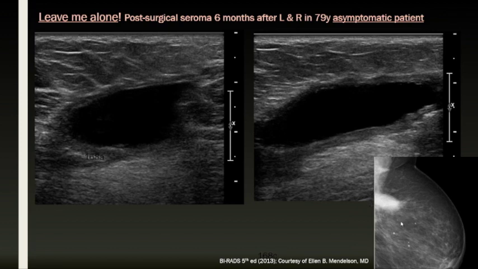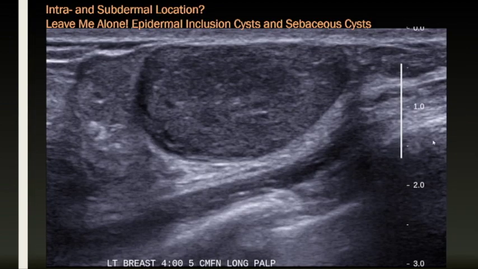This is the scarring that will occur slowly after the fluid is resorbed over a period of time, which may be a couple of years. So this, don't touch. If there's an axillary sampling or a dissection and a fluid collection is there, that is generally drained by the surgeon, as you see here.